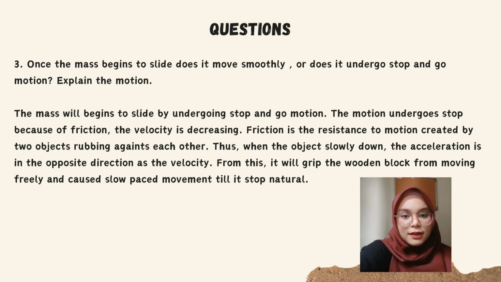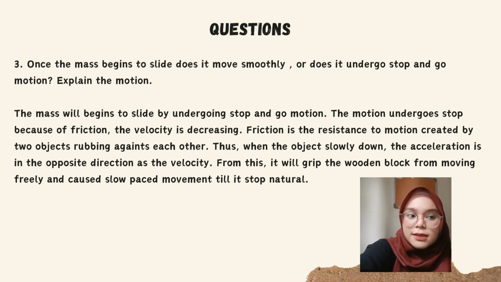Friction is the resistance to motion created by two objects rubbing against each other. Thus, when the object slows down, the acceleration is in the opposite direction to the velocity. From this, it will grip the wooden block from moving freely and cause slow movement till it stops naturally.